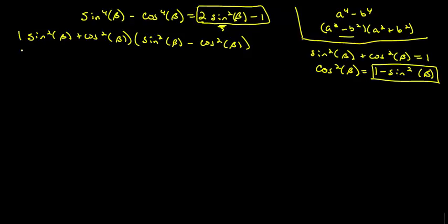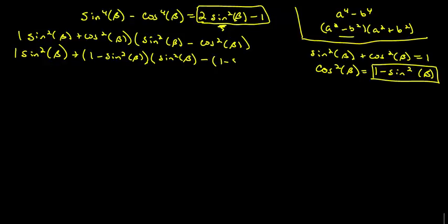cosine squared over here. So I've got sine squared beta plus, there's my first cosine, so we want to do 1 minus sine squared. Just like that. And then I'm going to have sine squared beta again, minus, and there it is again, 1 minus sine squared beta.